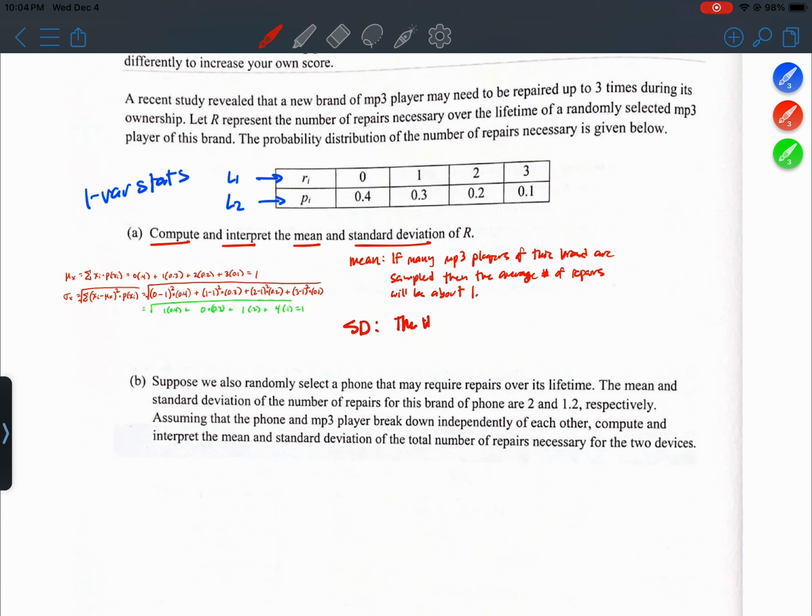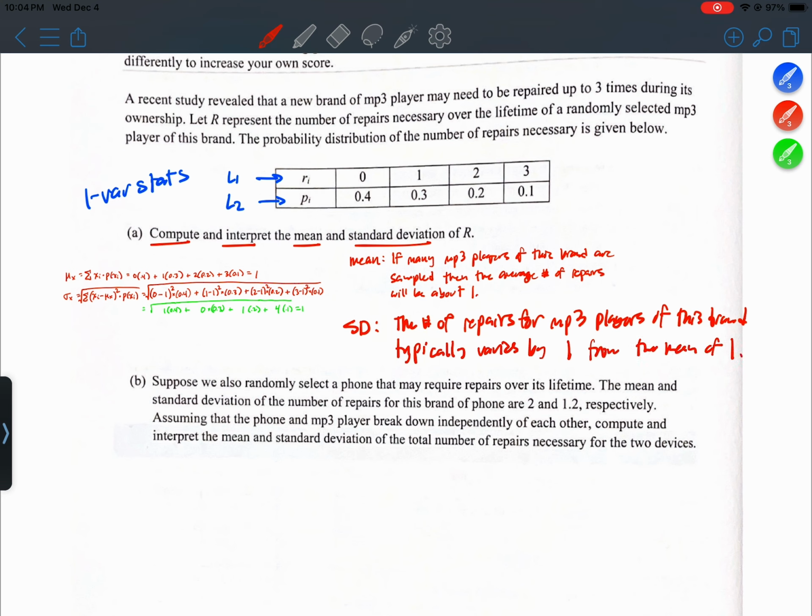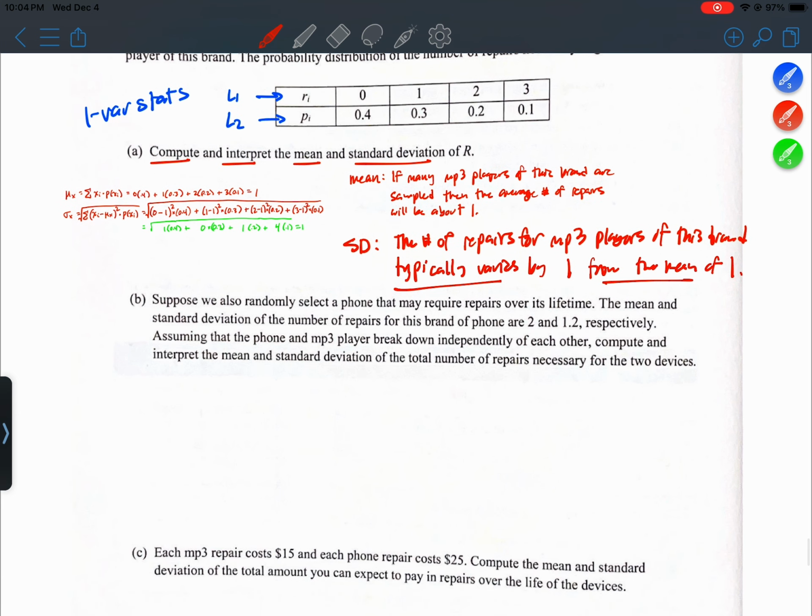The number of repairs for MP3 players of this brand typically varies by 1 from the mean of 1. All right, let's move on to part B.